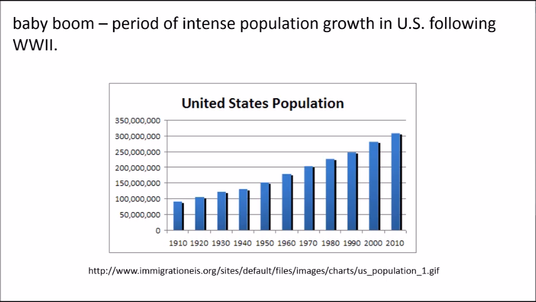So if we look at population growth through the years, it's kind of hard to see from this graph. I should probably come up with a better graph in the future. But between 1910 and 1920, it looks like population growth is probably about 10 million people. 1920 to 1930, it looks like maybe about 15 million people.